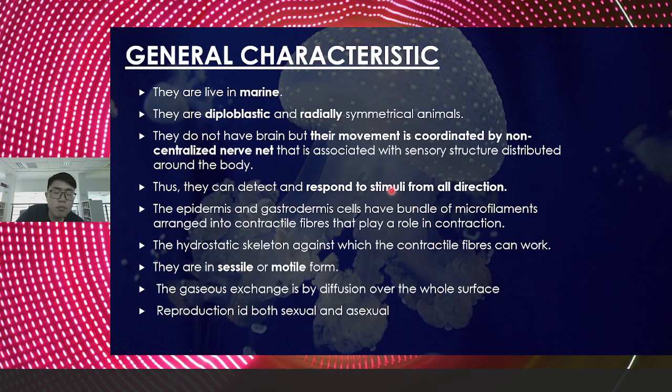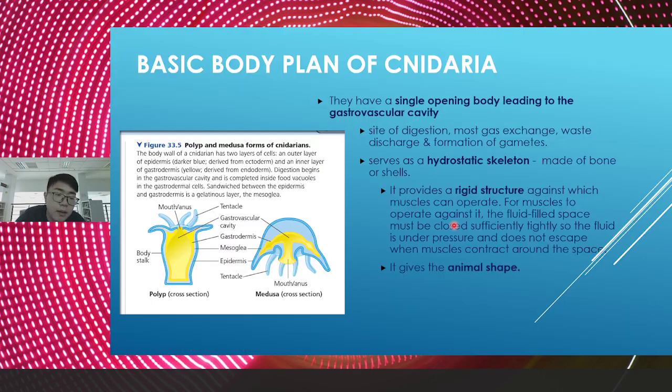dapat receive stimulus. The epidermis and gastrodermis cells have bundles of microfilaments arranged into contractile fibers that play a role in contraction. Maybe you can't see it, so look at this picture. You see the gastrodermis and the epidermis, and then they have one tentacle.